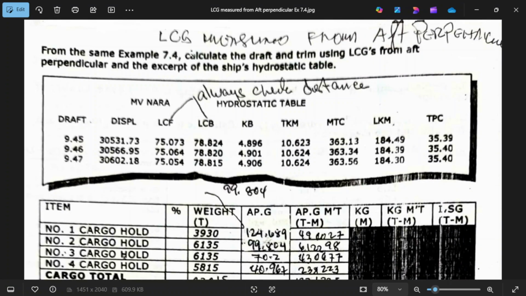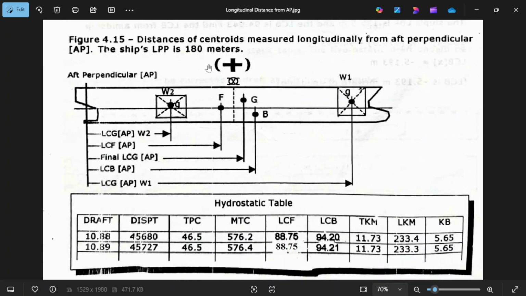Take note of this diagram. So distances of centroids measured longitudinally from the aft perpendicular to the ship's LPP, which is, for example, 180 meters.